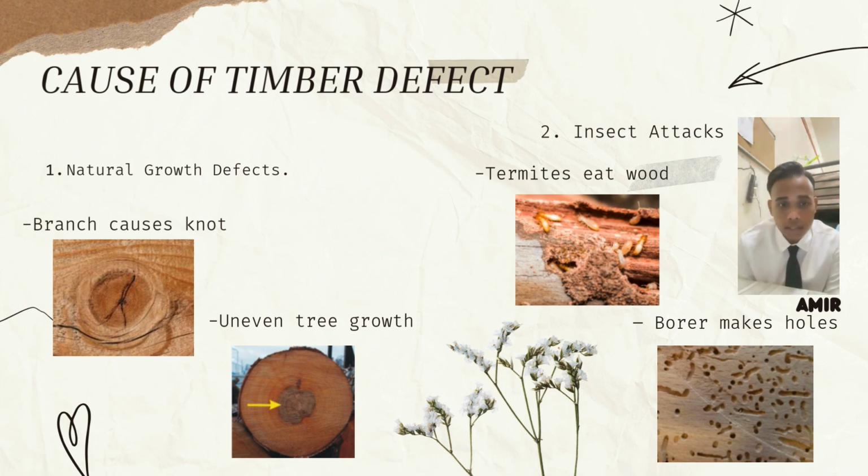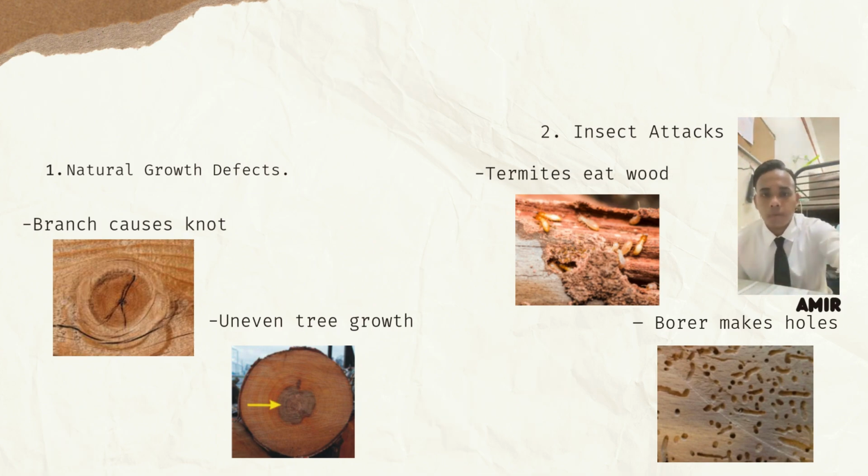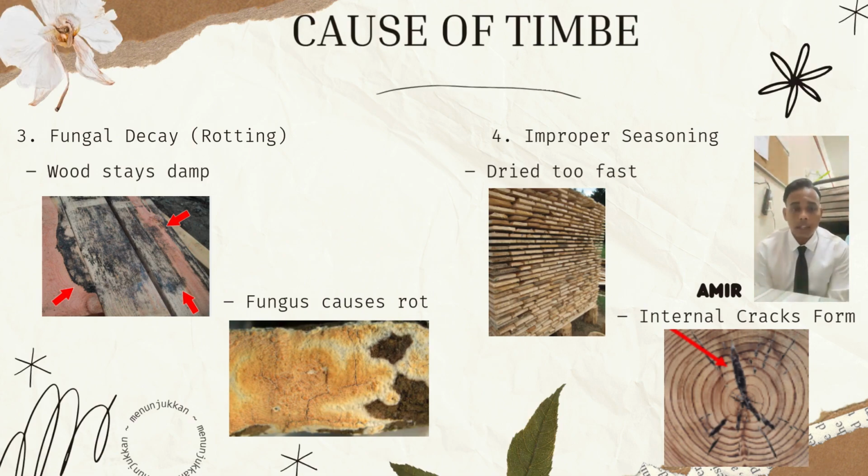Another insect is the wood borer, which you can see in the second picture. Borers make small holes in the wood, and they tunnel through it. This not only weakens the timber but also makes it look damaged and raw. Okay, let's move into the next slide.